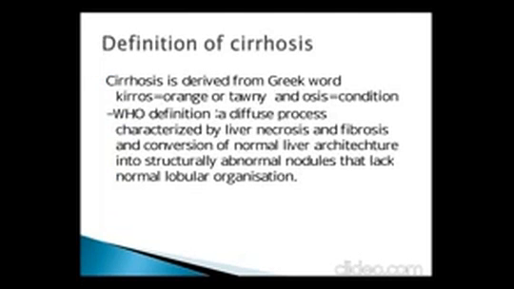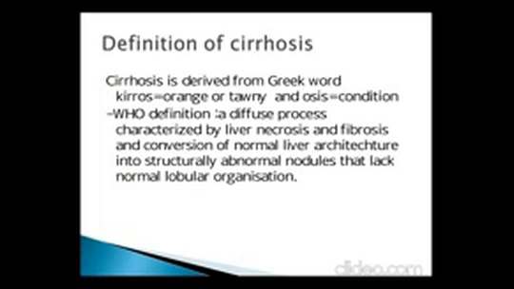Derived from Greek word kyros, means orange or tawny, and osis is the condition. WHO definition: a diffuse process characterized by liver necrosis and fibrosis and conversion of normal liver architecture into structurally abnormal nodules that lack normal lobular organization.